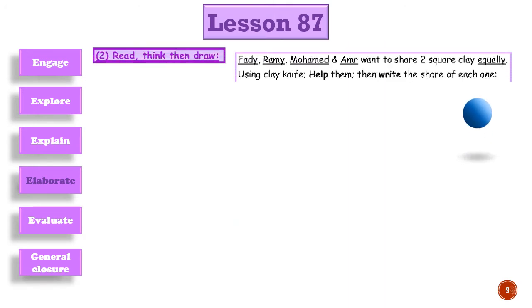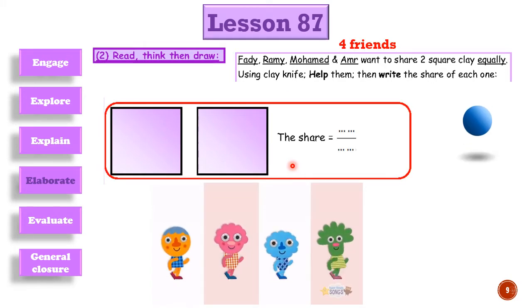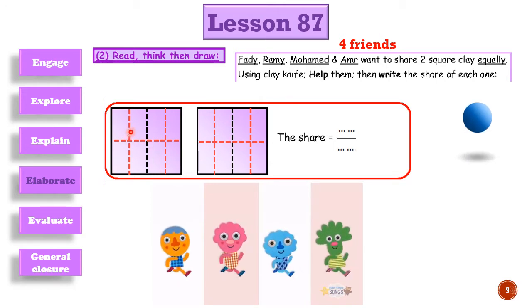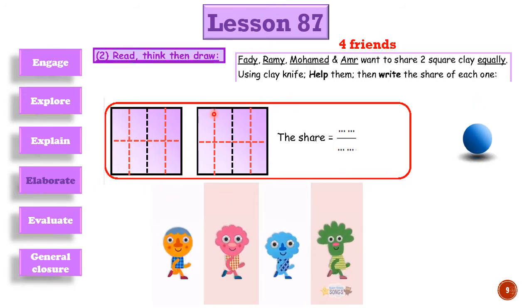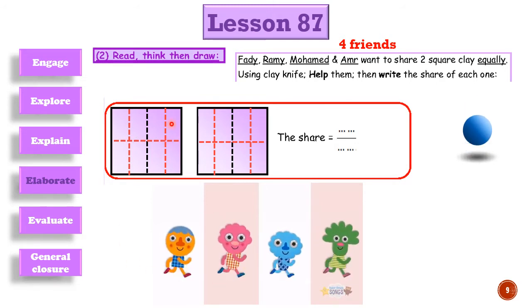Another one, on the same page, I want to make it in a different way. If I cut it like this, and one more time like this, and one more time like this, how many parts in each square? Here we have 8 parts, and here we have 8 parts. Then each one will have how many parts out of 8?